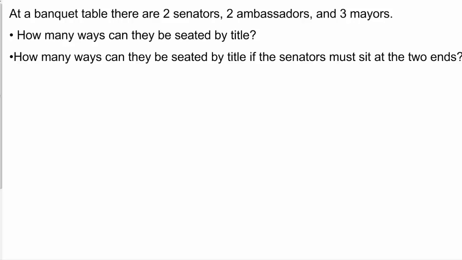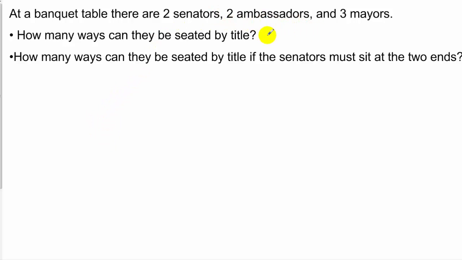And we're going to find out how many ways they can be seated by title. So what I mean by title is that even though the 2 senators are different, because we're arranging them by title, a senator is a senator is a senator, so they're indistinguishable.